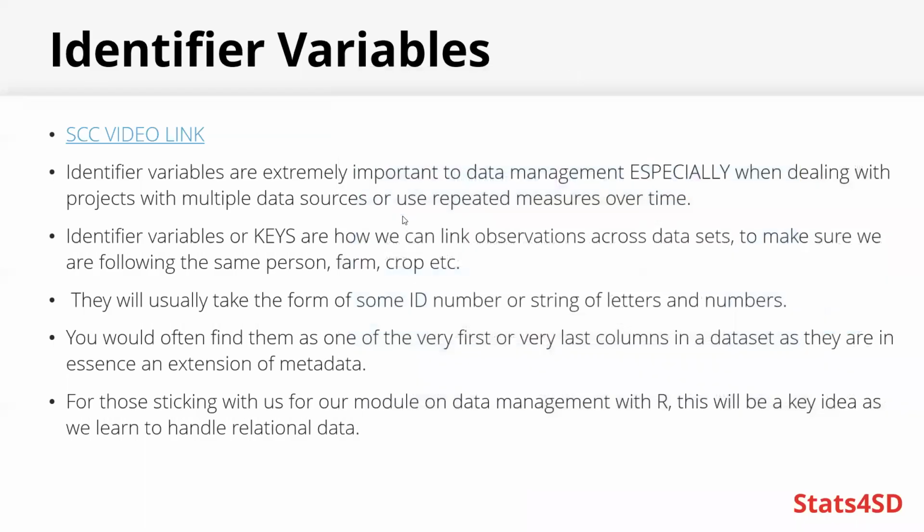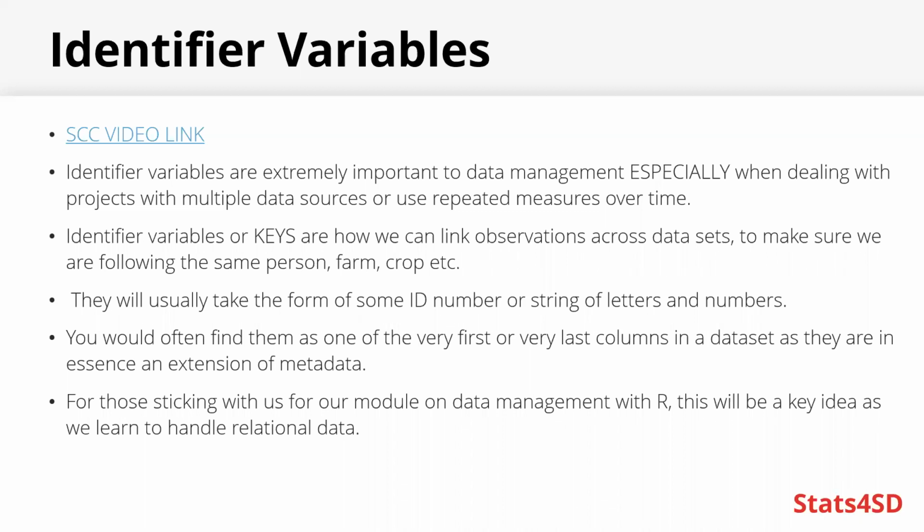Okay, so as we saw there, these identifier variables are extremely important to data management because they allow you to uniquely identify every record within your data set. And these have become especially useful more recently when we more commonly deal with projects that have multiple data sources, or use some form of repeated measures over time.